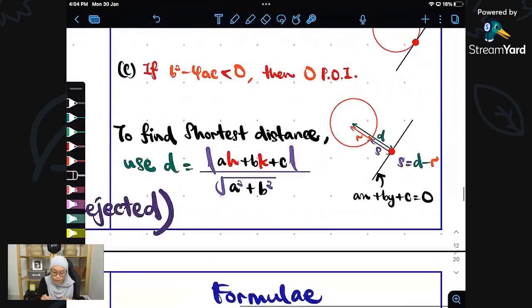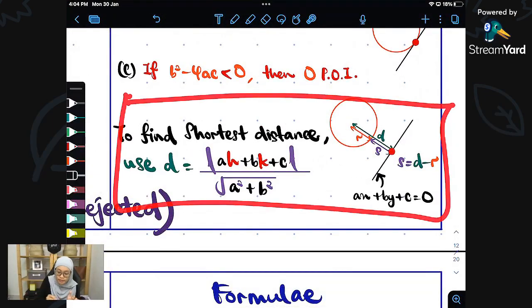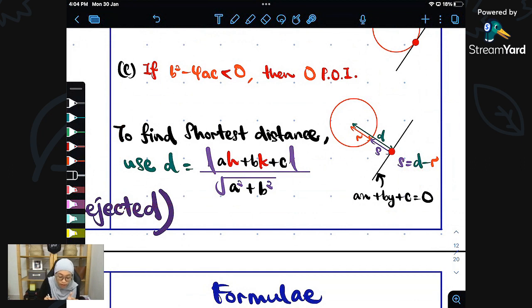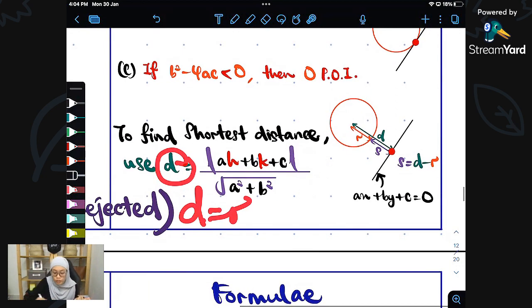And I show you here in my notes that finding the D, or the R, is this formula. Why did I write earlier that D is equals to R? Because that particular question has the line which touches the circle. That is our question now. So if the line touches the circle, it means that there is no distance.